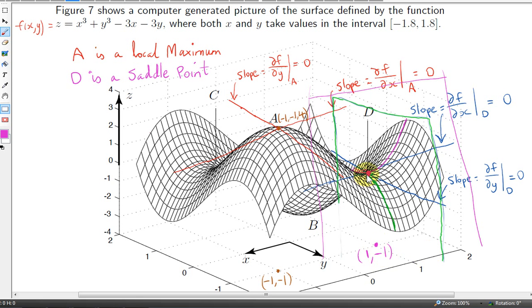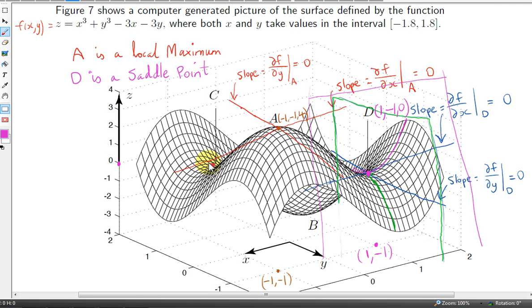Well, they're the xy coordinates. To get the z value of D, we have to plug 1 in for x and -1 in for y. So we get 1 cubed, -1 cubed is -1, -3 by 1 is -3, -3 by -1 is +3. Looks like we get 0. Yeah, that kind of matches this picture here. The 0 value for z is here. So this point is coordinates 1, -1, 0.